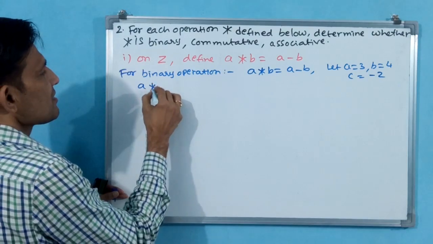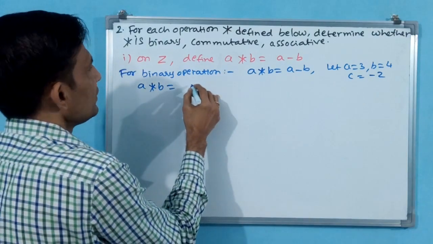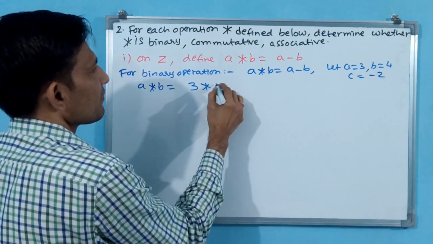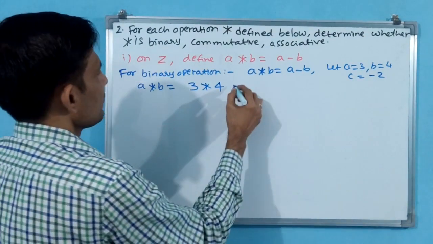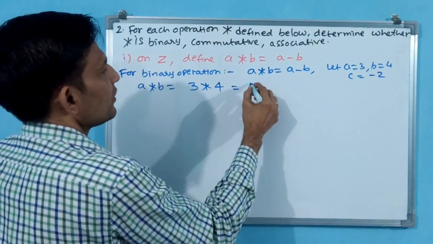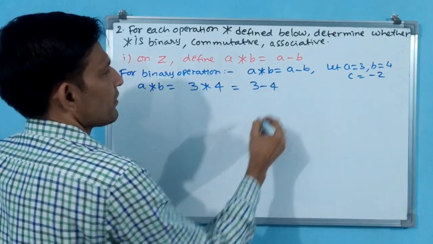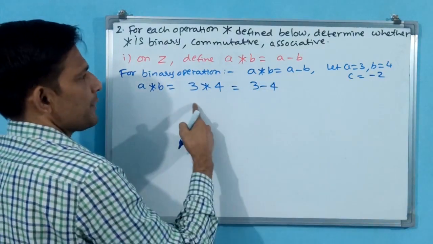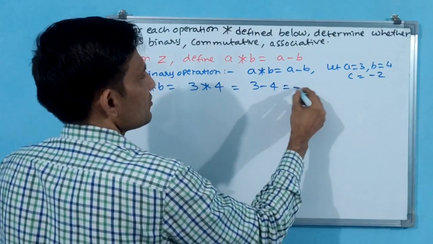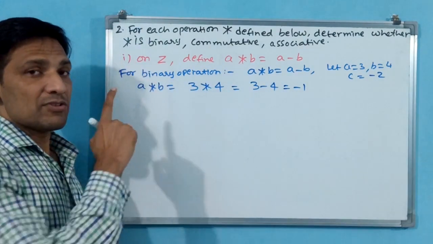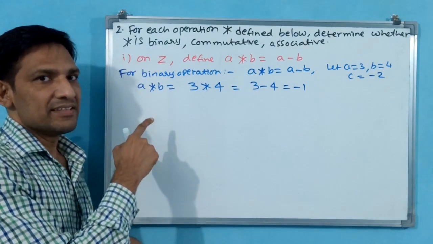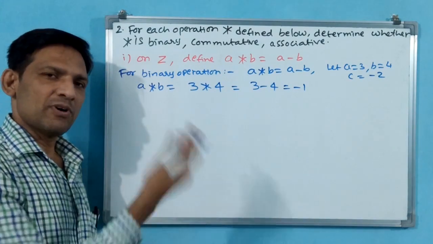Again you write A star B is equal to 3 star 4. That is equal to 3 minus 4, that is equal to minus 1. Now you tell me, does minus 1 belong to Z? This is not Z plus, this is Z. Z means negative and positive, all will be there.